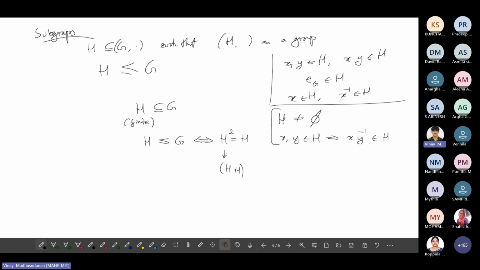Element wise multiplication. So H square is element wise multiplication of elements of H with itself, not just squares of elements of H. Not that. You take any two arbitrary elements of H, multiply them, all those products will be in H square. So, right, product of H with itself as a set as defined earlier. Okay, so I claim this. Is it true? What does it mean, first of all? What is another way of saying H square equal to H?